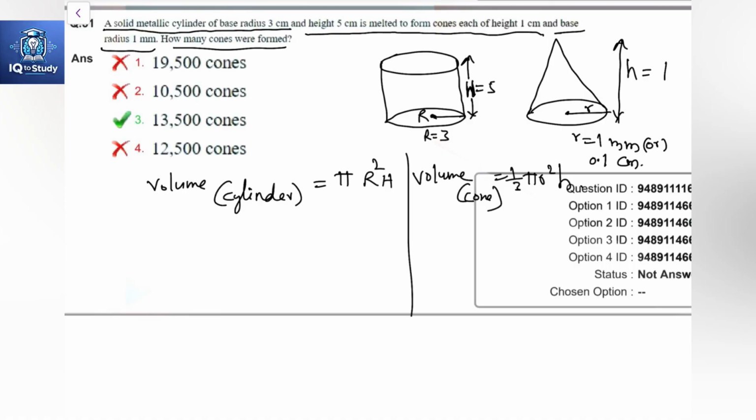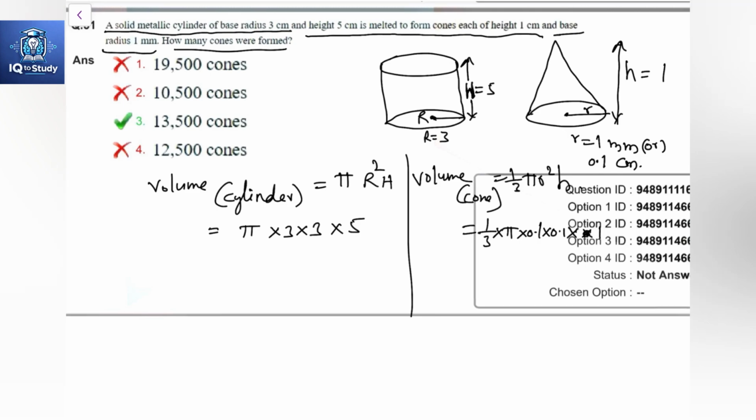We know that pi is 22 by 7, or just take it as pi here, and r is 3 and h is 5. And here 1 by 3 into pi into radius of cone, 0.1 centimeter, and height is 1.